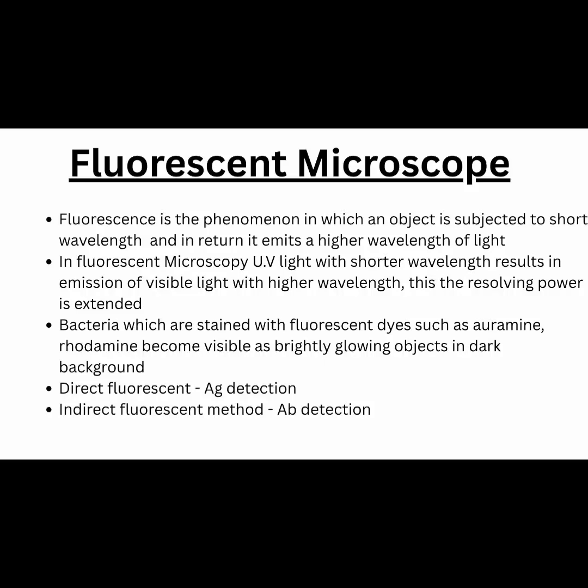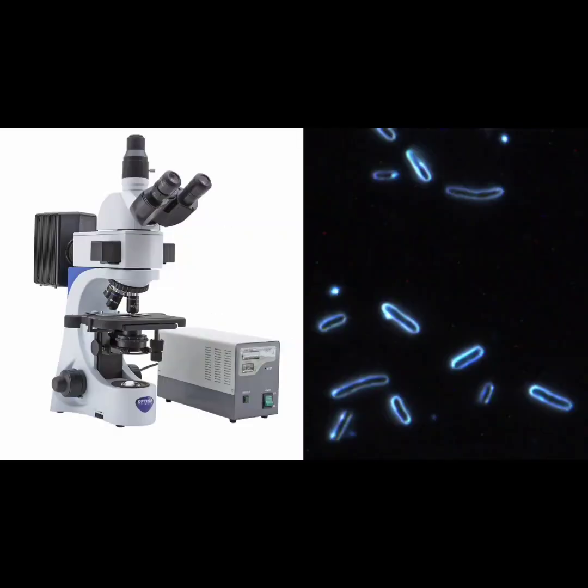Smaller wavelength of light is used to produce larger wavelength of light, which extends the resolution power from 1.25 to above that. And you can look at the next figure of the fluorescent microscope. This is the fluorescent microscope usually used.